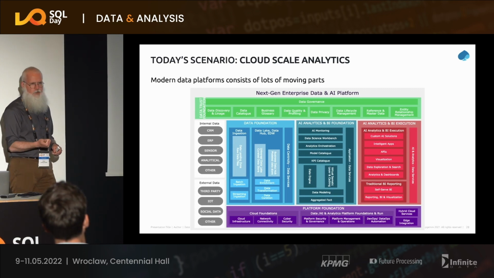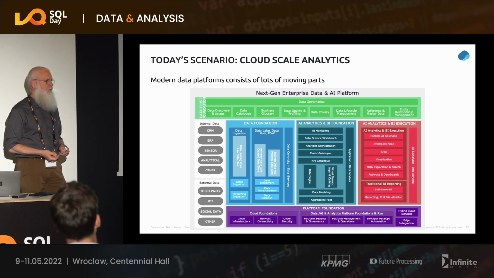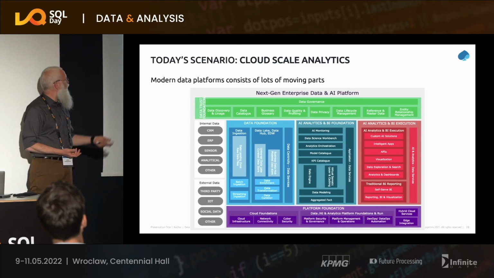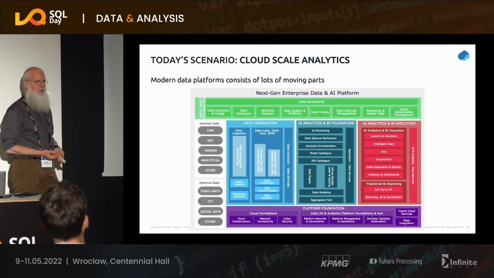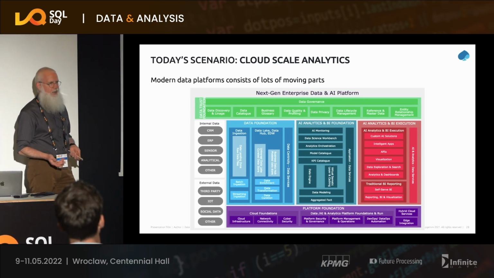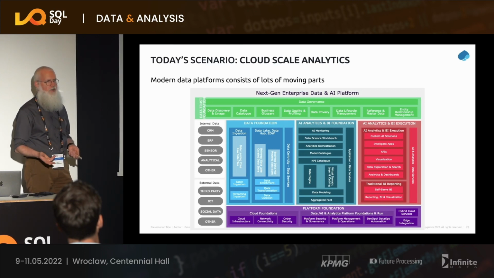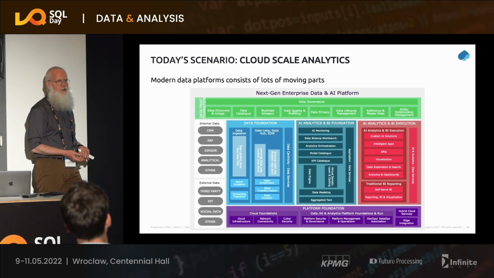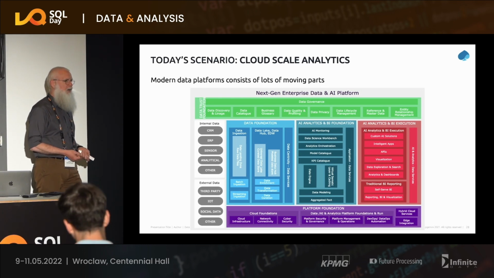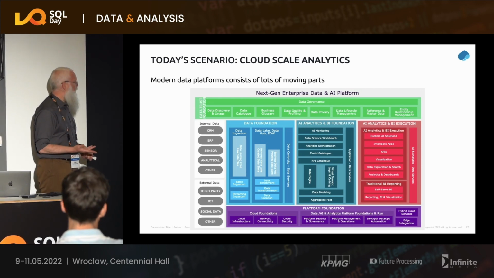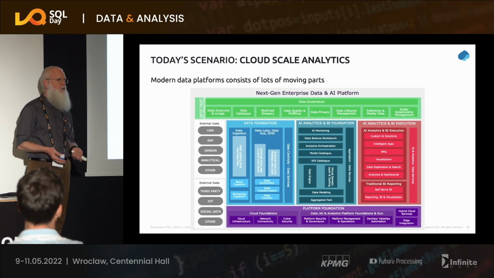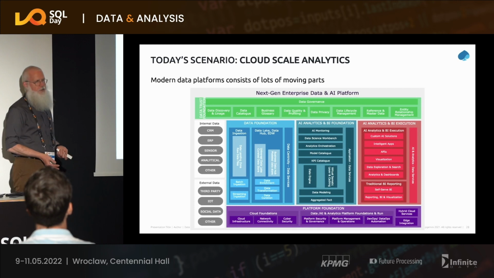So operations, monitoring, security, IAM, DevOps, that kind of thing. In the top layer, you have governance, which is data catalogs, business glossaries, master data management. And in the middle here, you have the more classic data things like storage, enterprise data warehouse, APIs, data modeling, facts and cubes, and all the way out to reporting and data science.